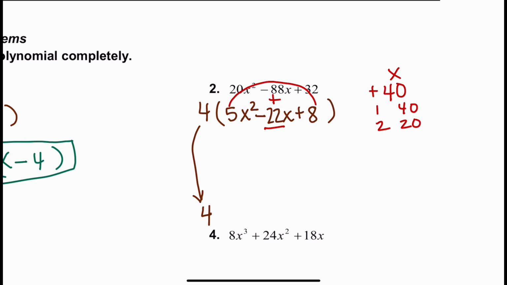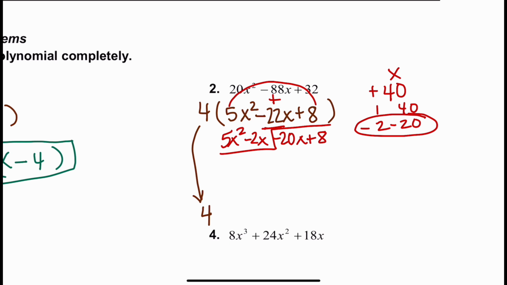So since this is positive, I know I either have both positive or both negative. And since I'm adding to a negative 22, I know they both are going to be negative here. So those are going to be my 2 numbers. Once you find your numbers, you can stop. You don't have to keep writing. So I have 5x squared minus 2x minus 20x plus 8.